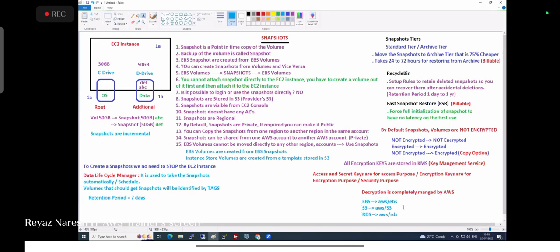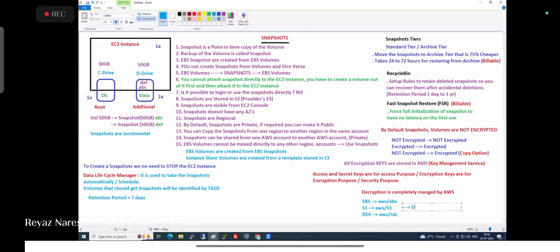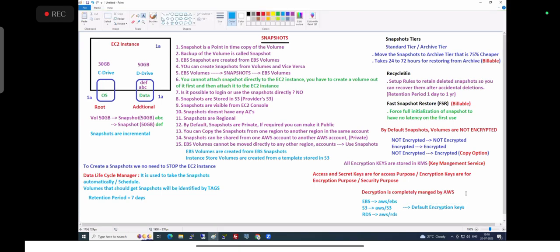So these are all default encryption keys. AWS will give you these, and you can use them. Otherwise, can you create your own keys? Yes. In which service do you create encryption keys? KMS. So encryption and decryption are completely managed by AWS.